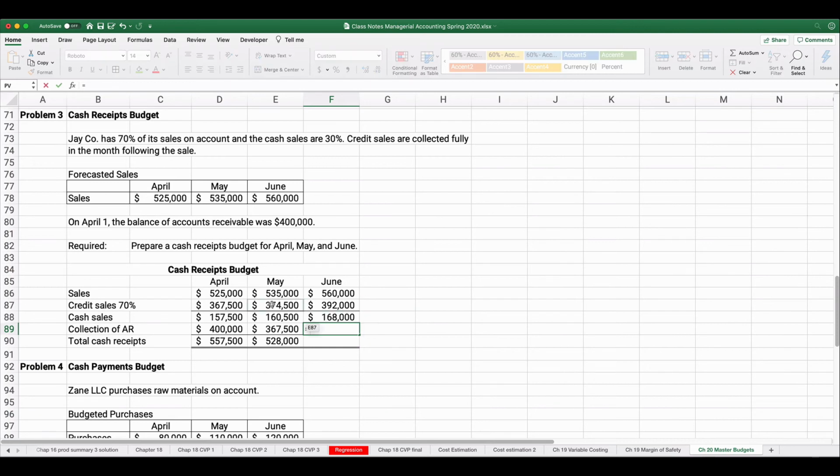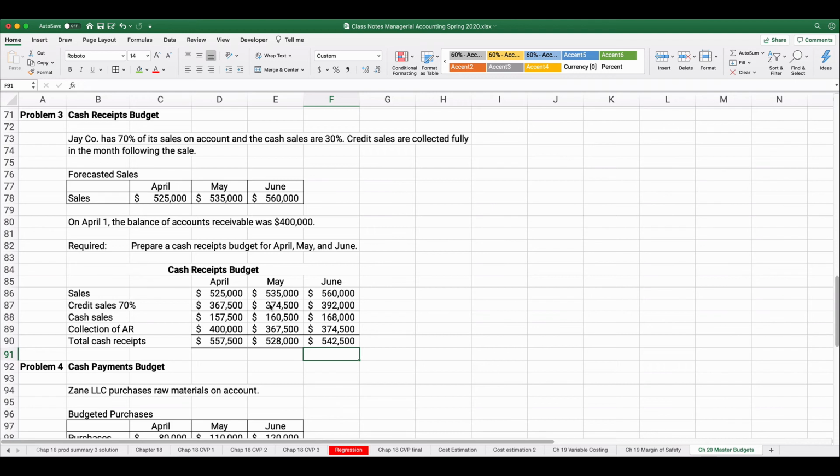We're going to collect the credit sales from May in June, and so therefore $168,000 plus $374,500. Our plan, our budget, is $542,500. So that's how you do a cash receipts budget.